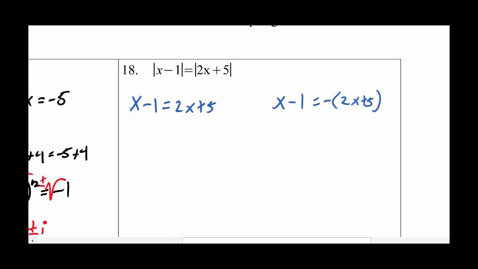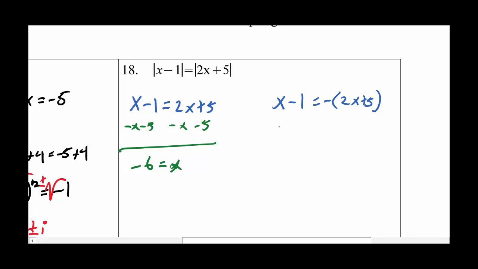So on the left one we get, let's see, let's subtract x from both and subtract 5 from both. And we end up with a negative 6 here and an x there. All right, so one of our solutions is negative 6.